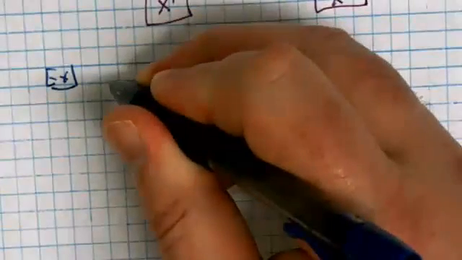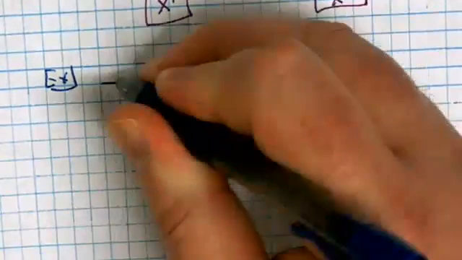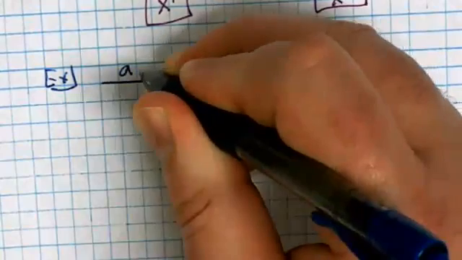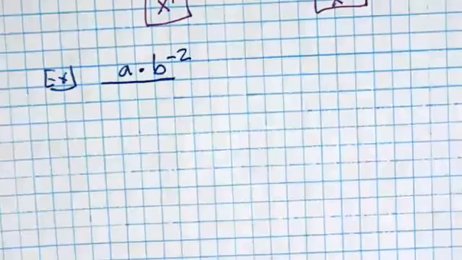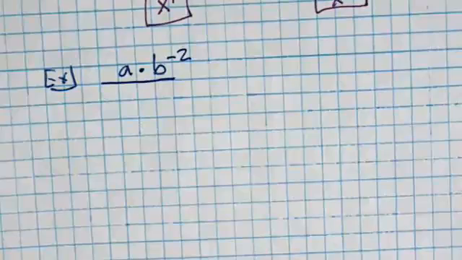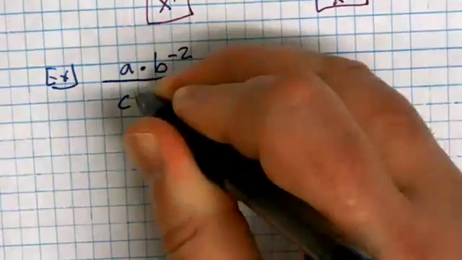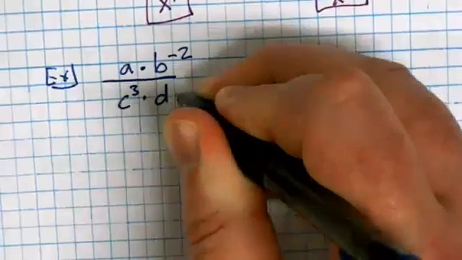I'm going to go A times B to the negative 2. And on the bottom, I'm going to put C to the 3rd times D to the negative 4.